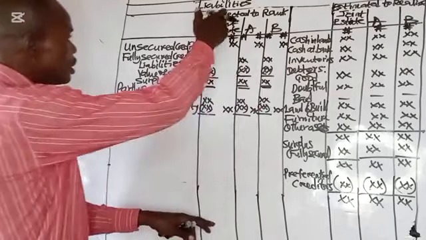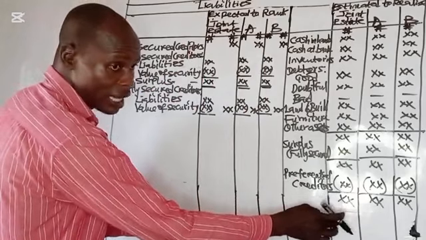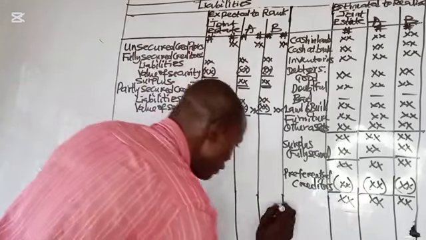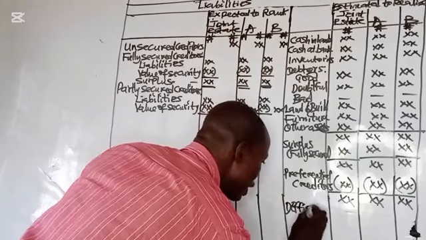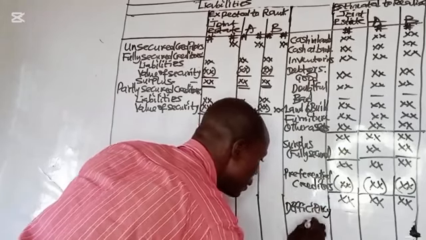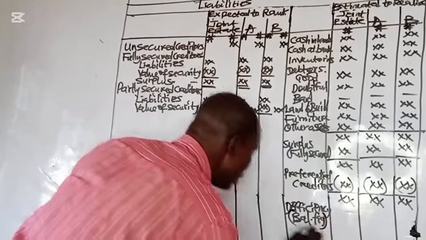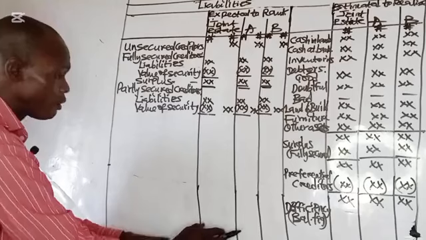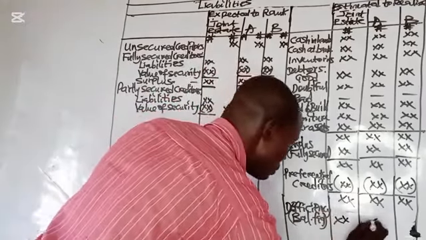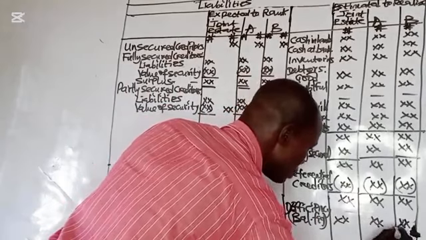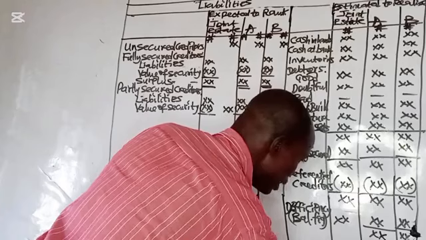If the liabilities are greater than the realizable value of the assets, you have deficiency. The deficiency here will be the balancing figure. The amount by which the total of the liabilities is greater than the total of the assets, that is the deficiency. So you add it. Then you have the total.